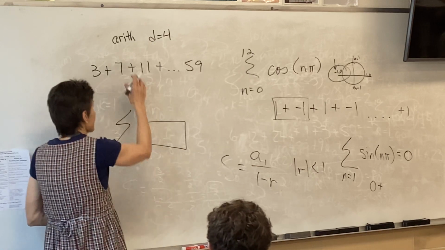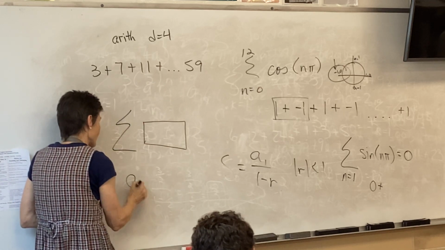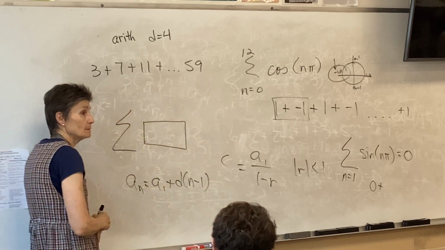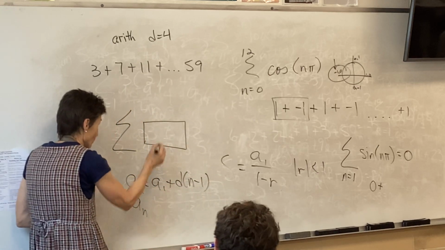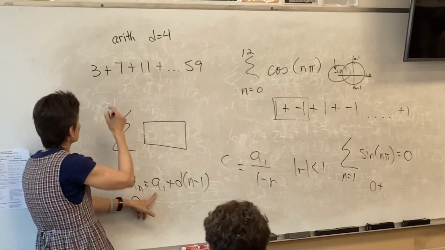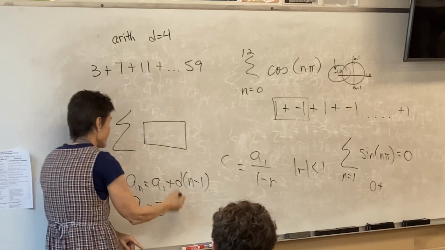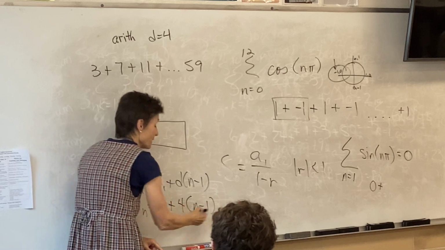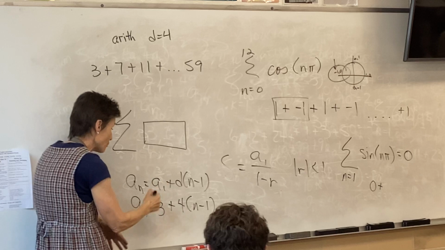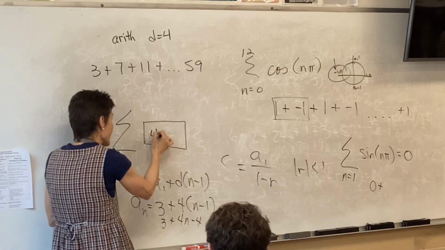If it's arithmetic, the nth term is my first term plus my common difference times n minus 1. Now do your distributive and stuff, so it's 3 plus 4n minus 4, which is 4n minus 1.